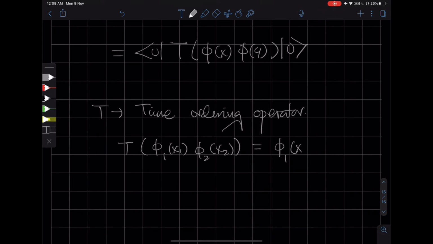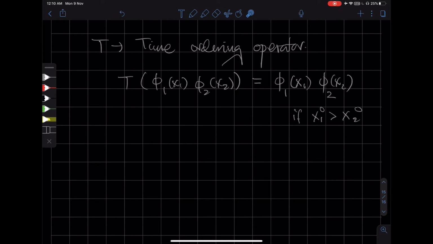So if x1⁰ is greater than x2⁰, then the time ordering operator will order them in this way. So the earlier operator is on the right of the later operator.